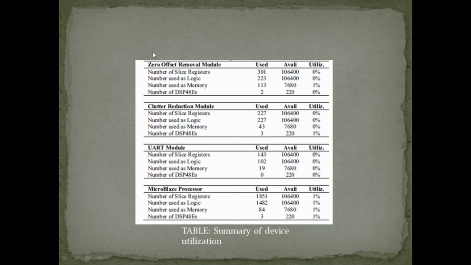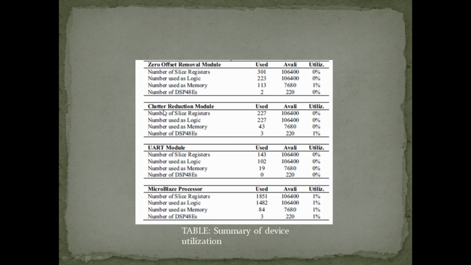So here we can see that in the number of slice registers, they have used 301 from the total available of this quantity, and utilization is 0%. That is how much area is occupied. Same here, the number used as logic, from the same total available amount 223 is used, and utilization is 0%.